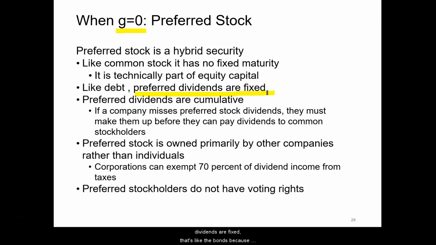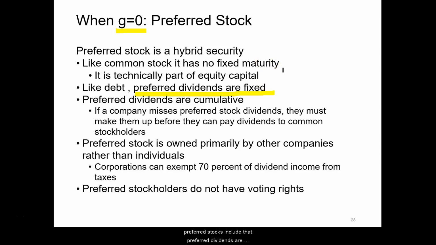Sometimes we call the preferred stock a hybrid security because it has some feature of a bond and it also has some feature of a stock. The fact that preferred stock dividends are fixed, that's like the bonds because, as you remember, bond coupon payments are fixed. However, preferred stock dividends do not have maturity.